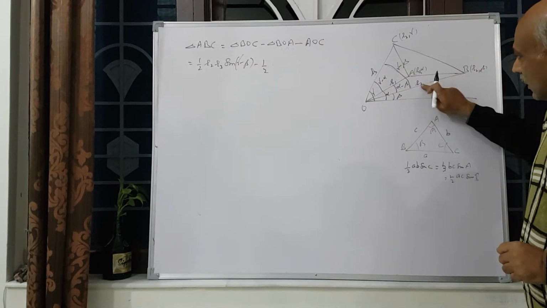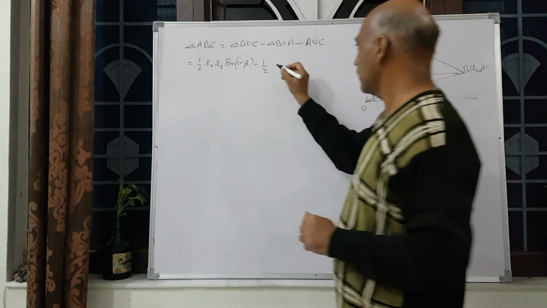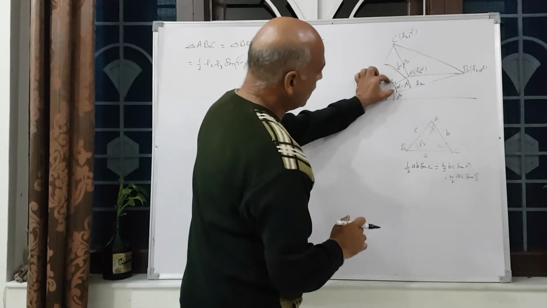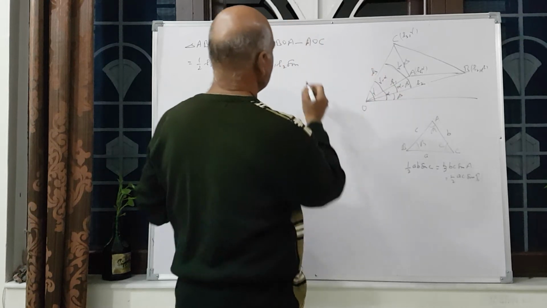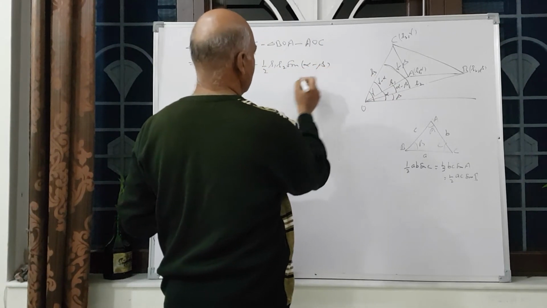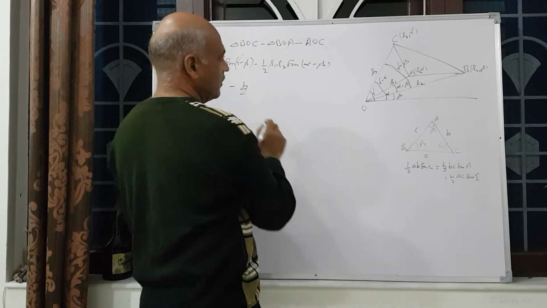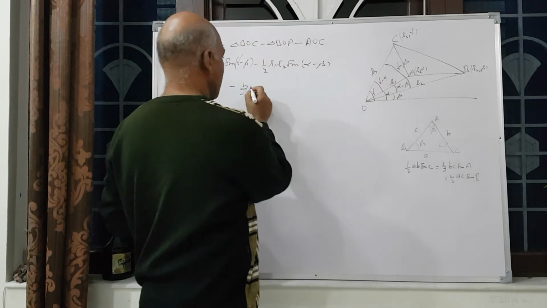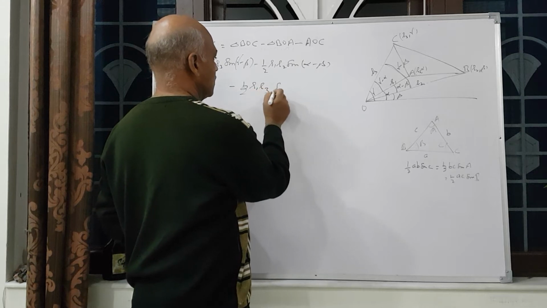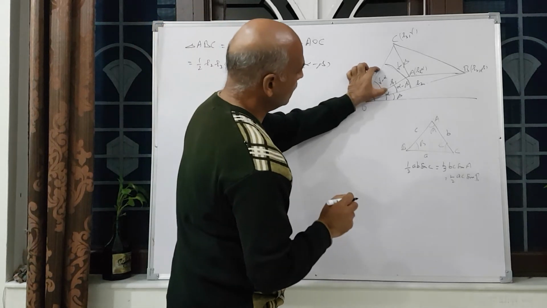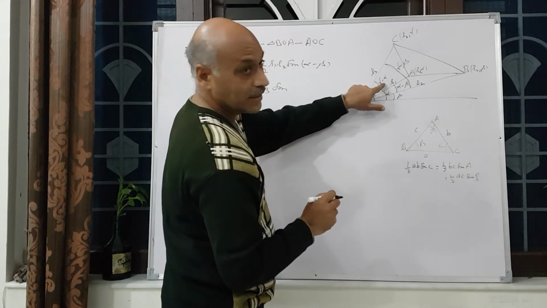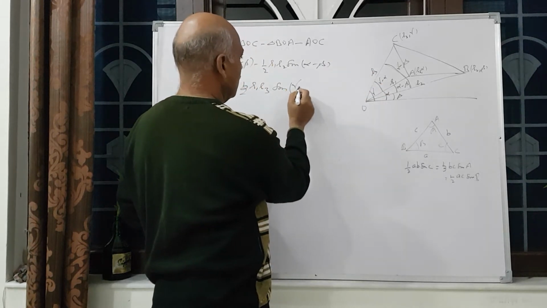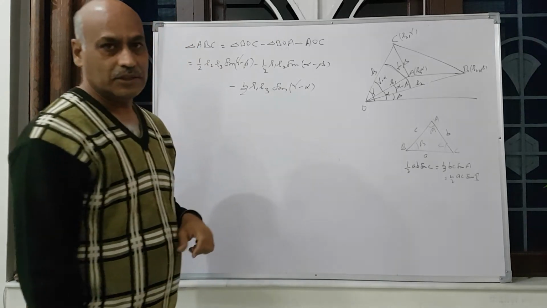This one, R2 R1 sine. What is this angle? This angle is alpha minus beta. Alpha minus half AOC. R1 R3 sine. What is this angle? This angle is gamma minus alpha. Gamma. This is the area.